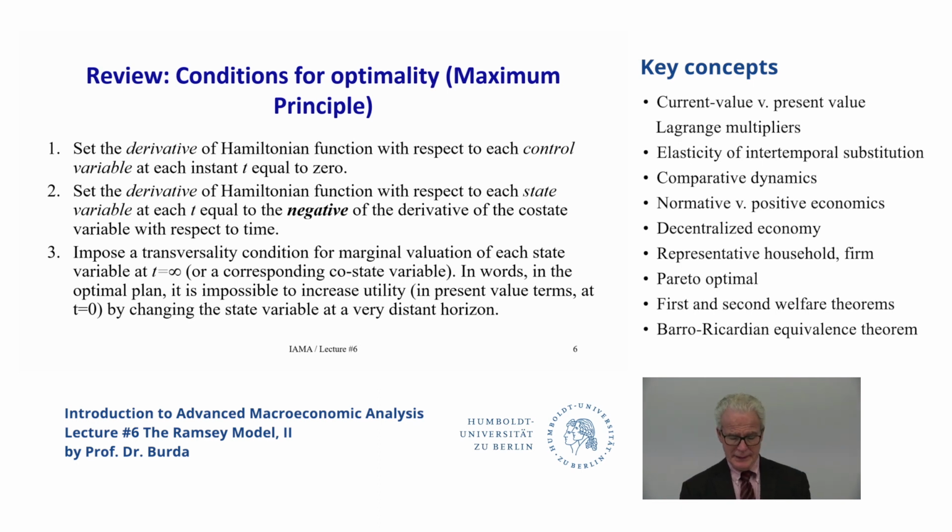The last condition restricts our attention, of all the paths that might fulfill conditions 1 and 2, to those in which the agent, or the planner in this case, does not choose to keep on deferring consumption and accumulating a large capital stock that is so implausibly large that it would make sense for the social planner actually to reduce that value of the capital stock in some distant period, and in doing so, the social planner would be able to increase utility for the generations for which the capital stock would be consumed.